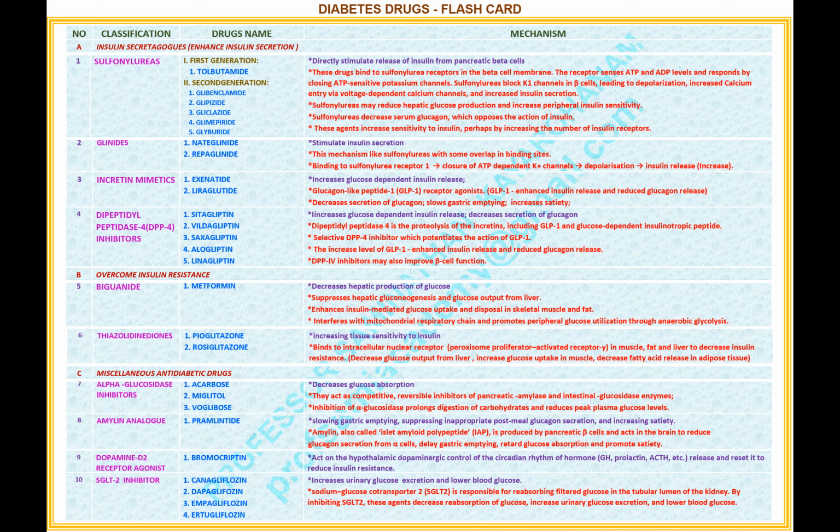Sodium glucose cotransporter 2, SGLT2, is responsible for reabsorbing filtered glucose in the tubular lumen of the kidney. By inhibiting SGLT2, these agents decrease reabsorption of glucose, increase urinary glucose excretion, and lower blood glucose.